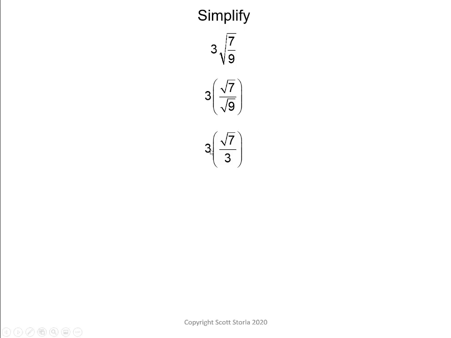And I'm also going to think of 3 outside of the parentheses as 3 over 1, in the sense that I have a 3 times square root of 7 in the numerator and a 3 times 1 in the denominator, and so those factors of 3 can reduce, and I'll be left with just the square root of 7.